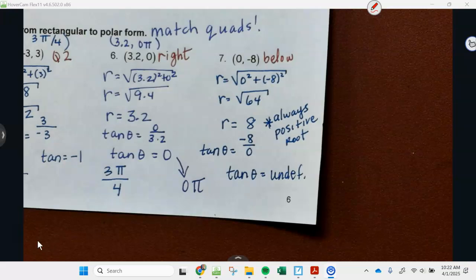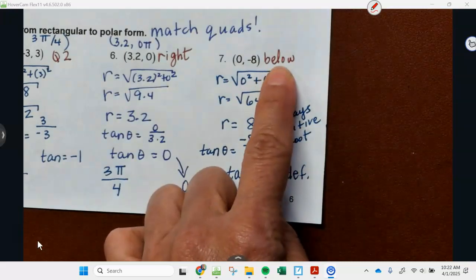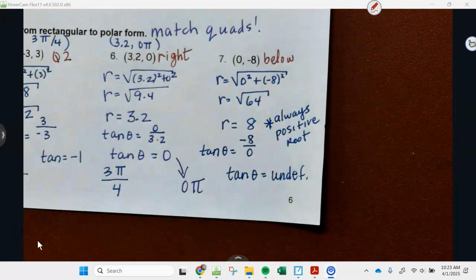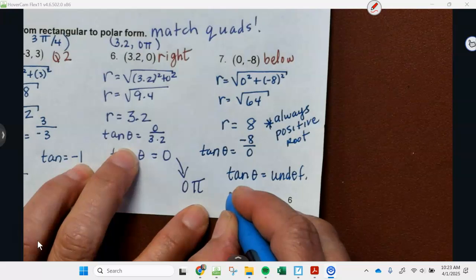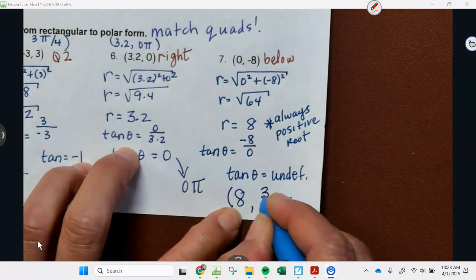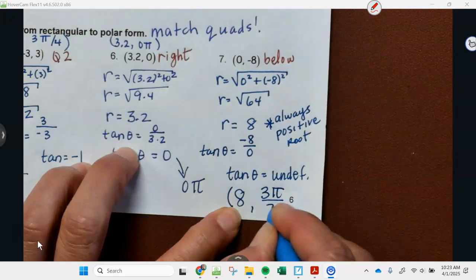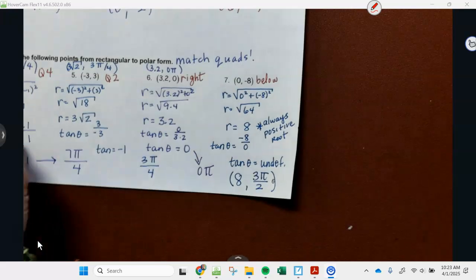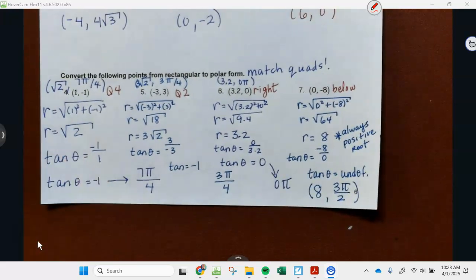Which radians do we want for this? Pi over 2 or 3 pi over 2? 3 pi over 2. Yes, we do. Great job. So polar form is 8 and then positive 3 pi over 2. And I'm just going to highlight my answers because they're just kind of all over the place here.